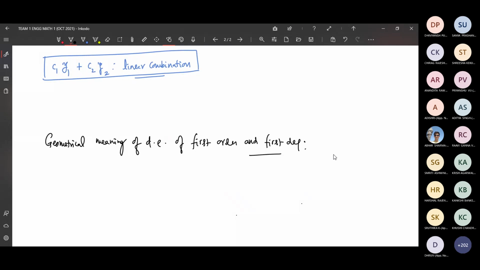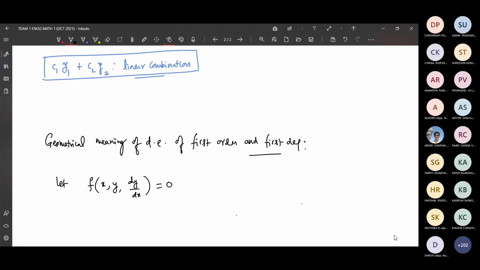I'll start with this. For example, the differential equation of first order and first degree, I can represent in this way: a function of x, y, and the derivative of y with respect to x. So this is the differential equation.